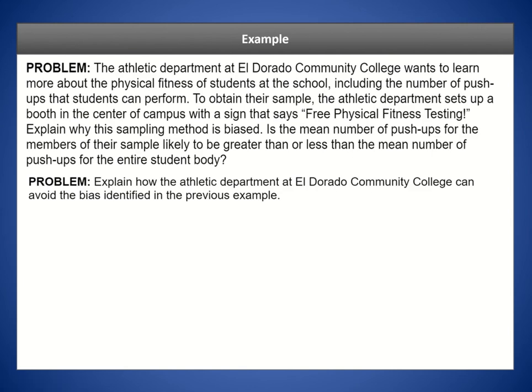All right, so we can say that we can get a list of all the students. So let's say you got the entire list of students, and randomly select 100 of those students, right?